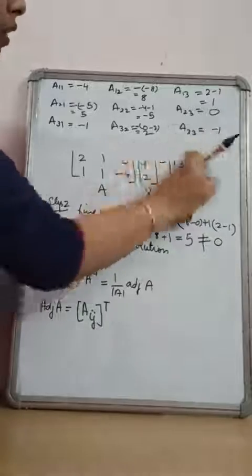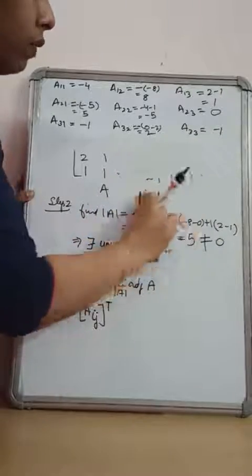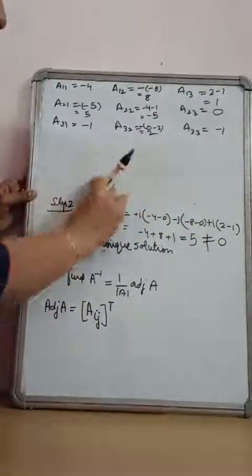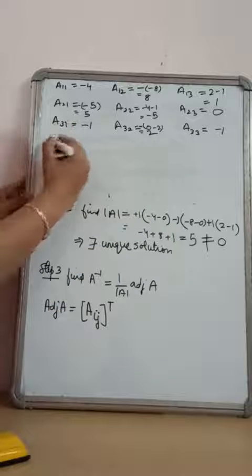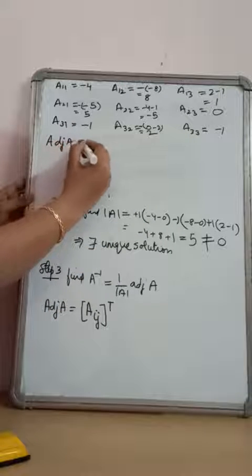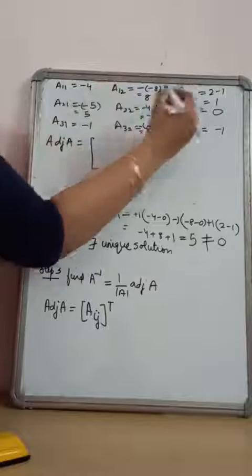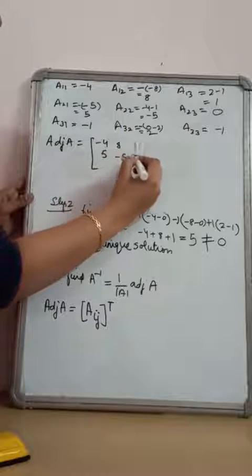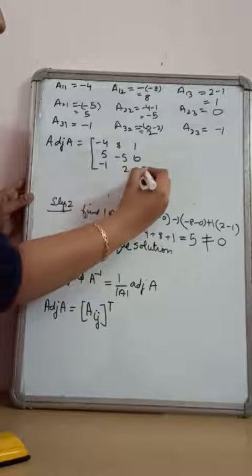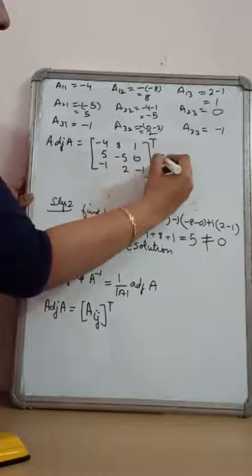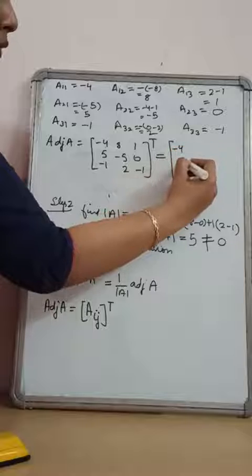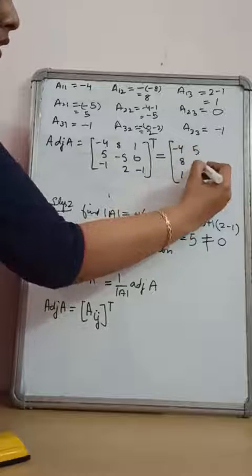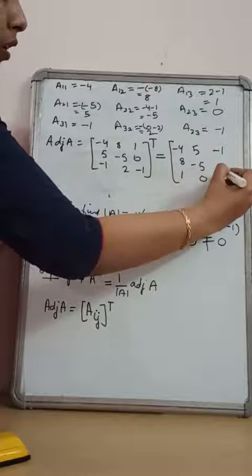Now we'll write adjoint. So your adjoint A is equal to, write the elements in the given order, -4 8 1 5 -5 0 -1 2 -1, and take the transpose. It will become -4 5 -1 8 -5 2 1 0 -1.